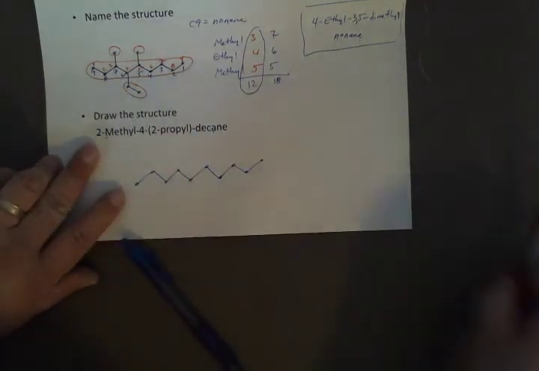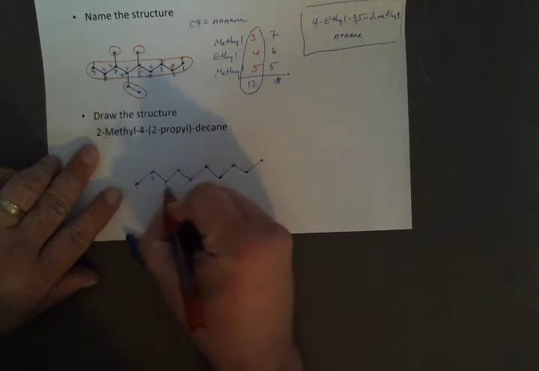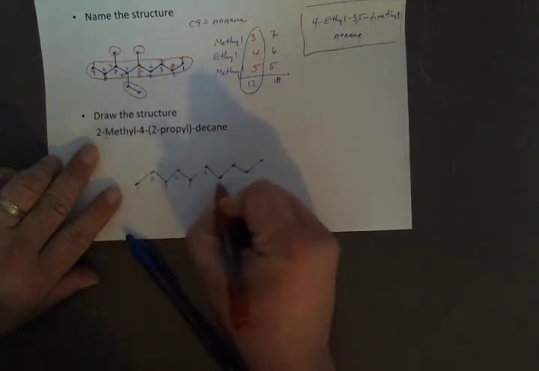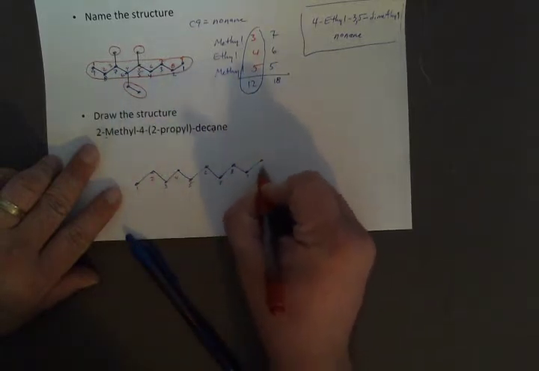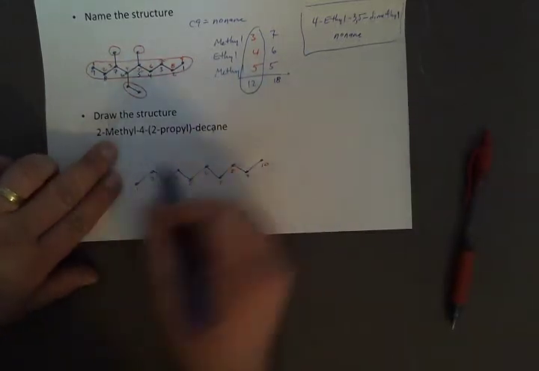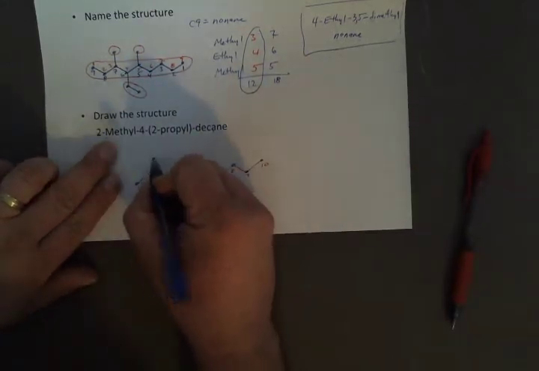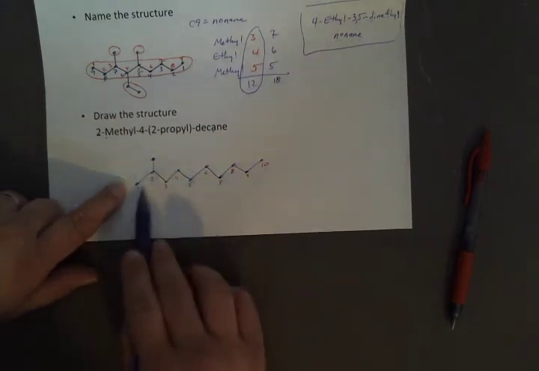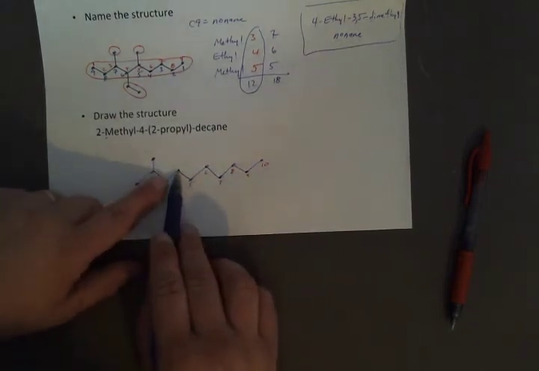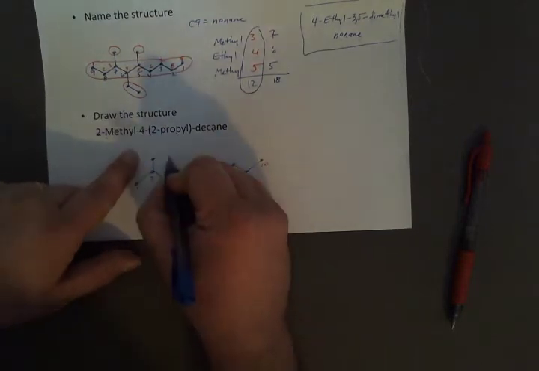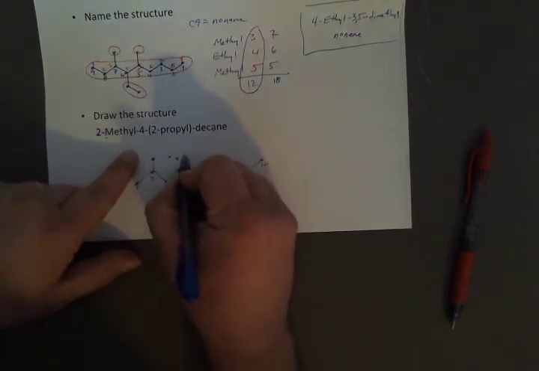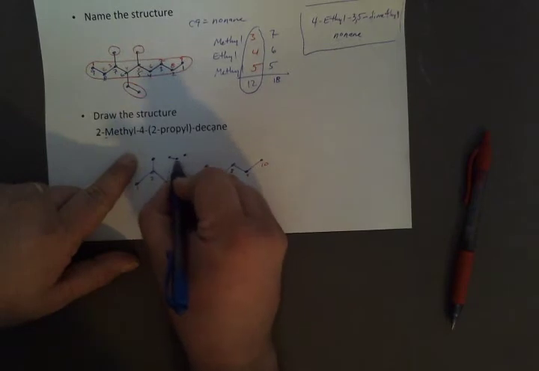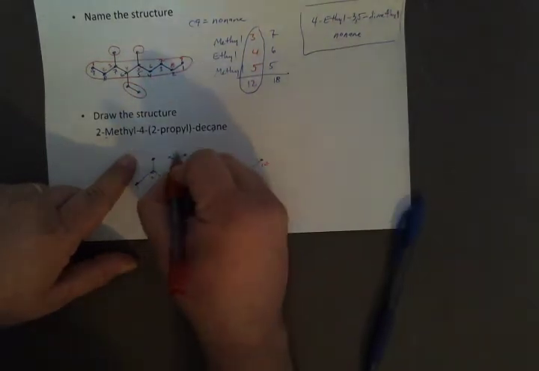So if we're going to number these, 1, 2, 3, 4, 5, 6, 7, 8, 9, 10. We have a methyl group hanging off of carbon 1, so we have a one-carbon piece coming off of there. And then at carbon 4, we have a 2-propyl group. A propyl group is three carbons long, 1, 2, 3.